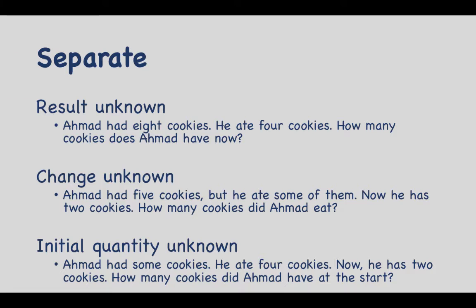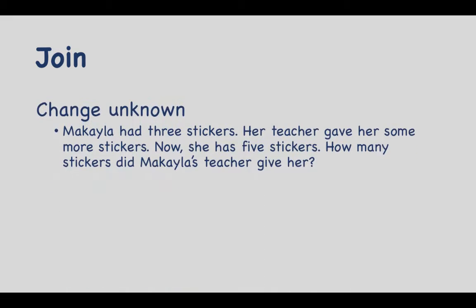In order to solve this problem, we must add the 4 cookies that Ahmad ate and the 2 cookies he has remaining to know that he had 6 cookies at the start. However, we are unlikely to be able to frame this problem correctly if we do not understand the concept of difference.